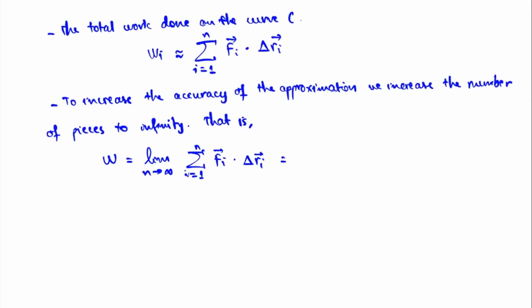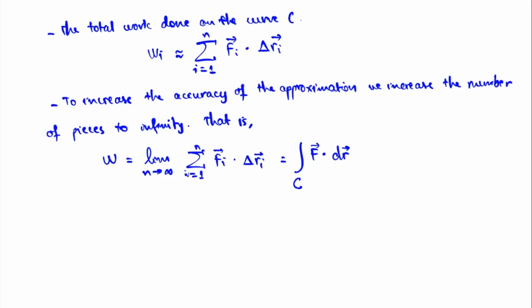All right. So as we know, we never want to work with the limit of a summation. We turn this into a definite integral. So the definite integral along the curve C, or along a path C, of F dot dr. So the limit of the summations becomes an integral.